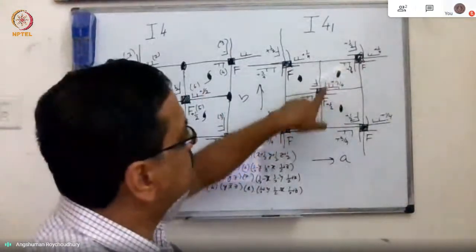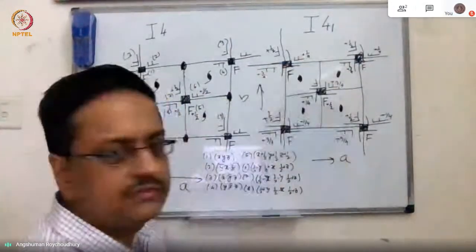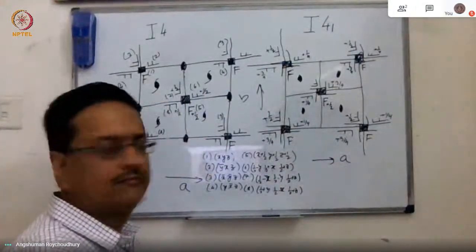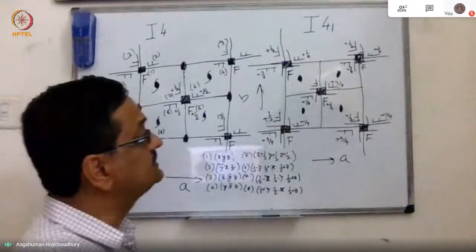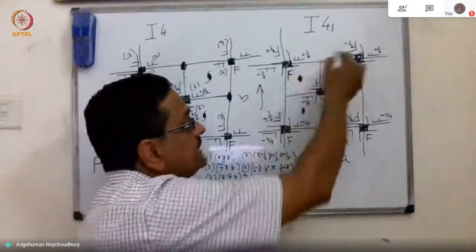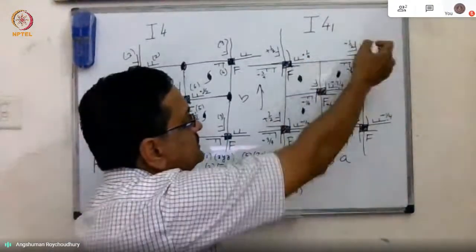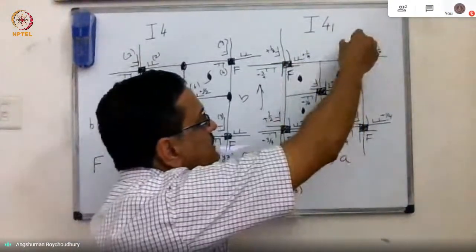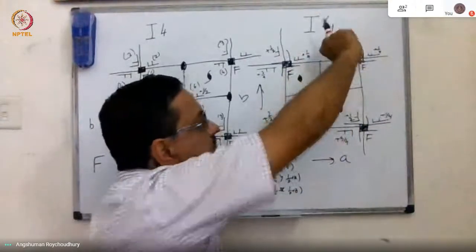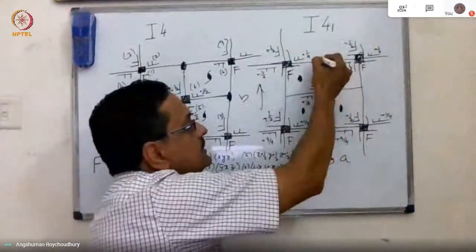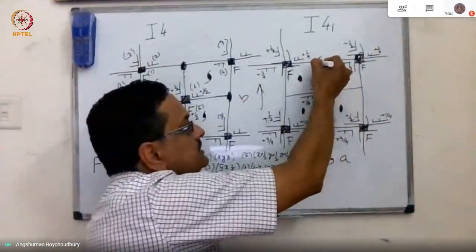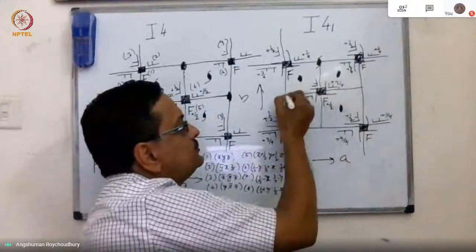This and that are 2-fold related, but at the same level of 3/4. What is the relationship between this F and that F? From here to there, it is 180 degrees rotated, half translated. So this point in this particular space group is a 2_1 screw.